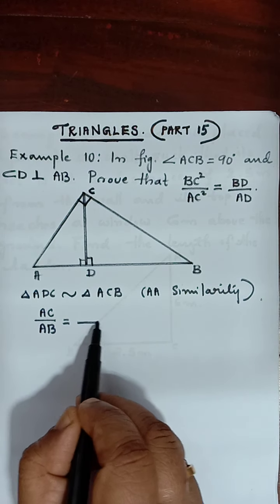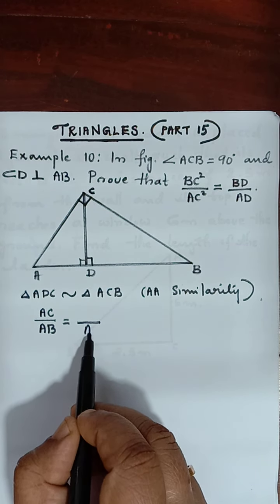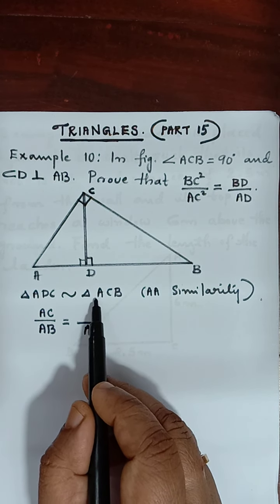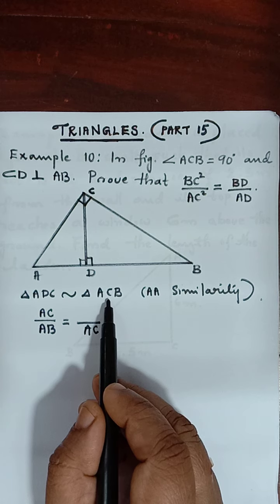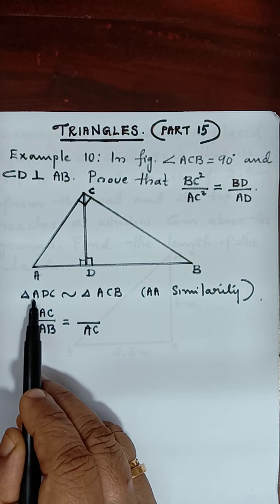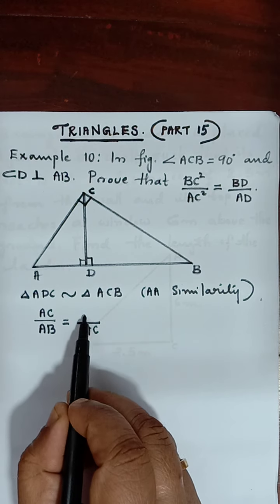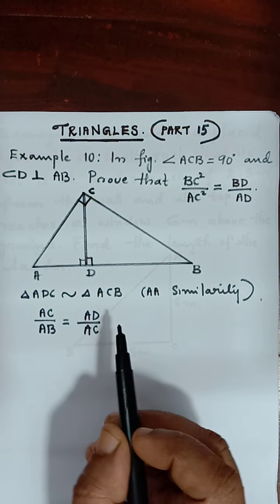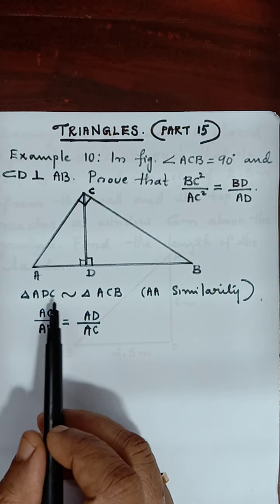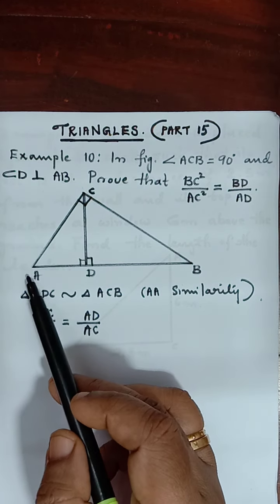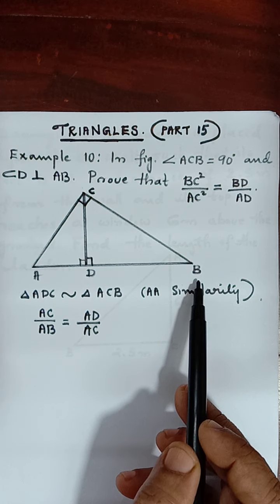In order to get AC square, we have to write denominator AC. That is from the right side, first and second letters AC. In the same way, first and second letter from the first one, that is AD. Just to see again the similarity, triangle ADC similar to triangle ACB.